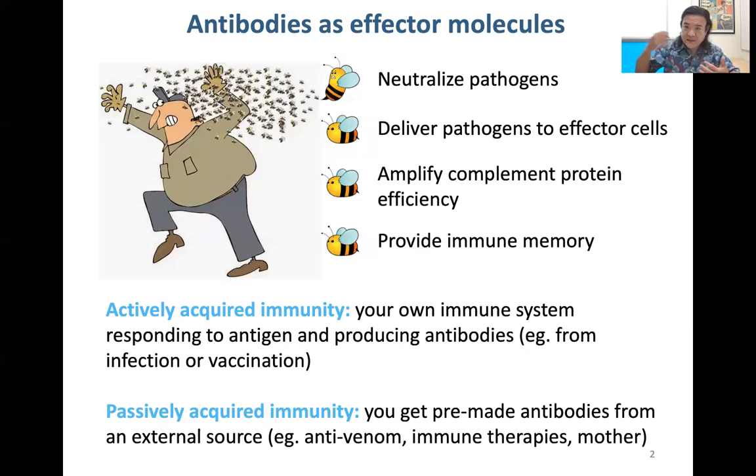So immune therapies that involve infusion of high quality purified antibodies that can target things like cancer cells are becoming more and more popular. But those are kind of artificial. Those are man-made modern medicine.